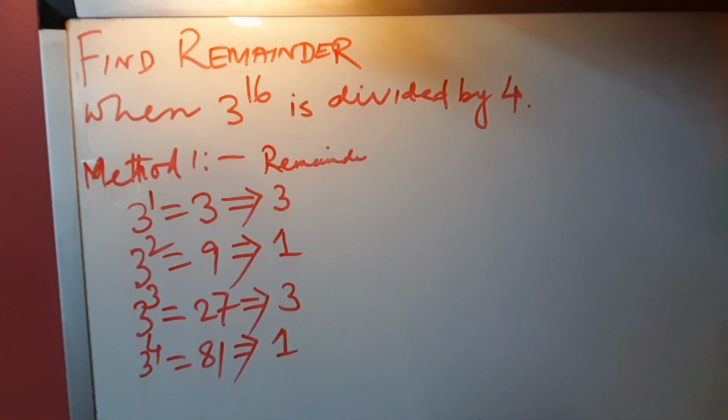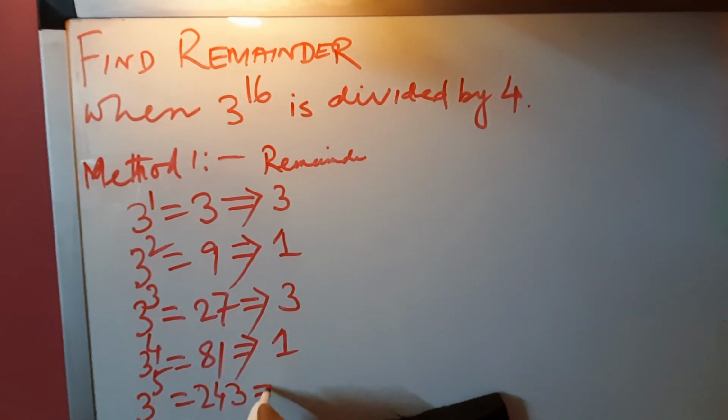Correct? Next, if we divide 3 to the 5, which is 243, then the remainder will become 3.